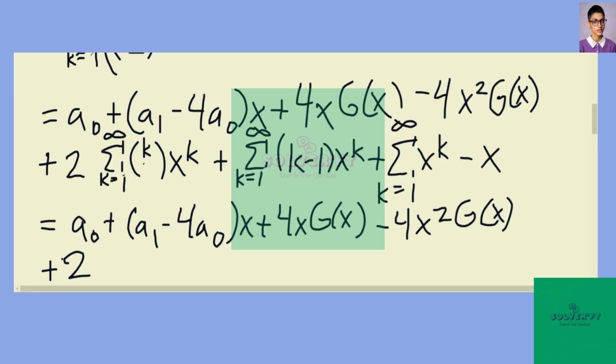This is the same as, instead of k choose 2, I can write this as k choose k minus 2.